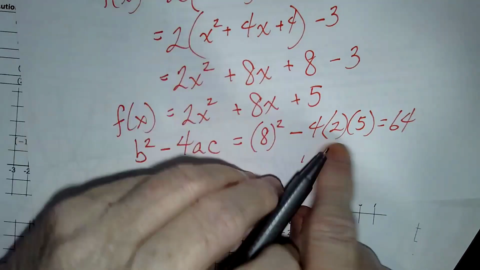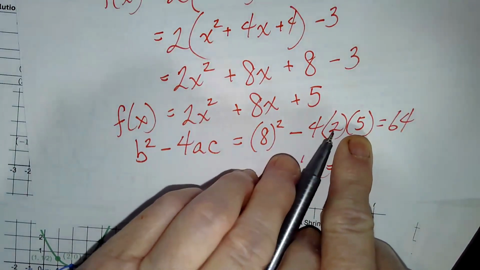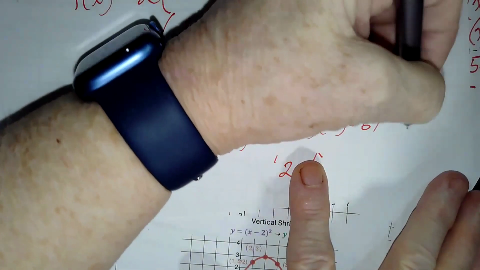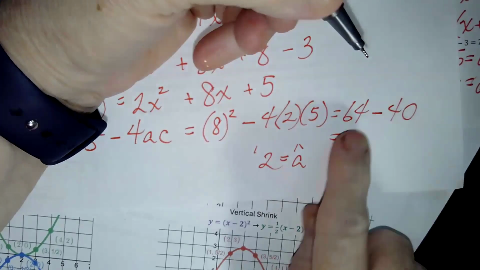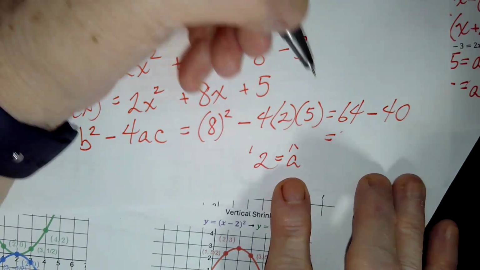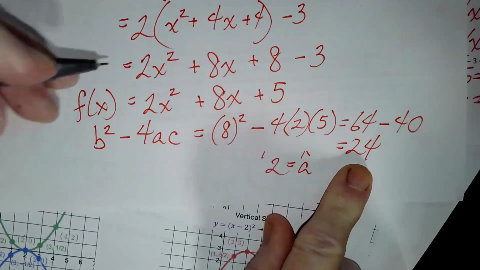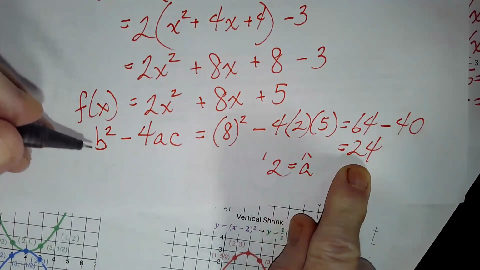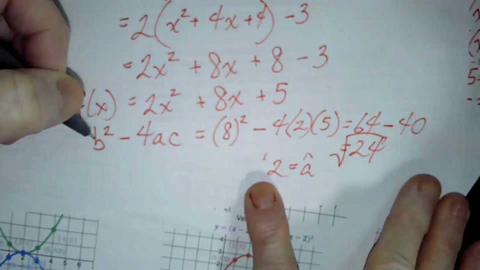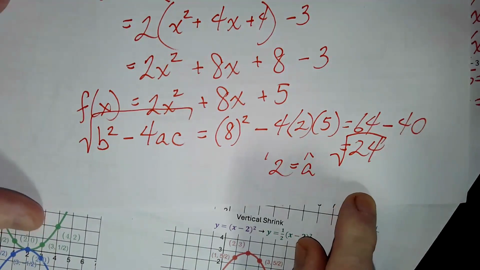And let's do it this way. 4 times 5 is 20, and 20 times 2 is 40. And 64 minus 40 is 24. So this graph does cross the x-axis, but the square root of 24 is not an integer.